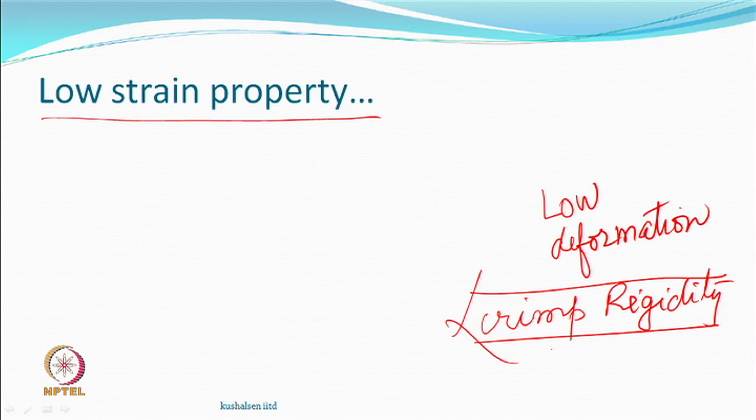If this resistive force is high, then it will recover well also, unless some break occurs. We are hoping that damage is not occurring during this process. And so, this force is in some way related to crimp rigidity.